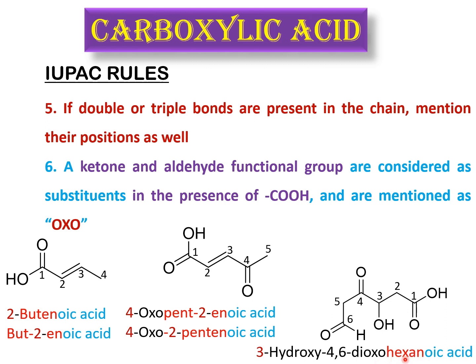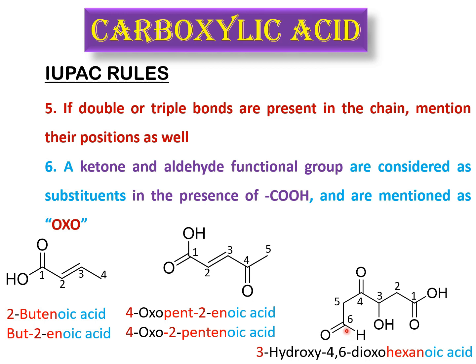So it's a hexanoic acid. So it means that it has 6 carbons in the chain. And then you see the positions of the two oxo groups, right? So if one of them is at 6 and the total number of carbon atoms are also 6, it means that one of these oxo groups is the last carbon of this carbon chain, and an aldehyde always happens to be at one end of the carbon chain, because you cannot have another carbon after this carbon, you will have a hydrogen here.